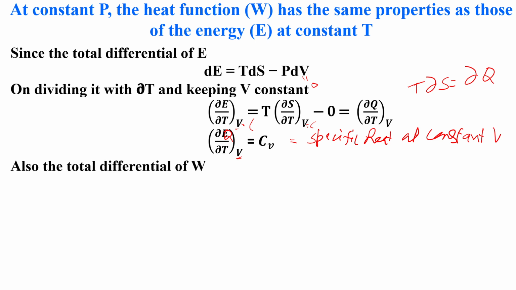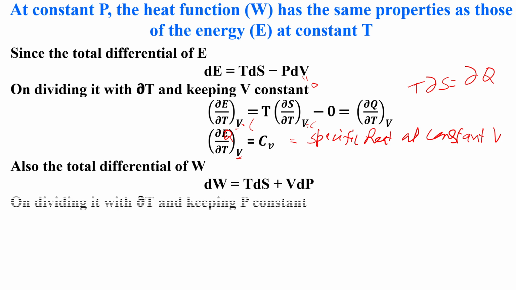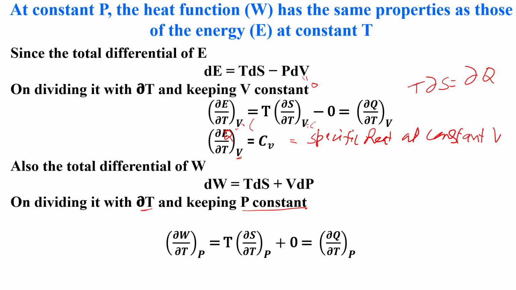Also, the total differential of W, we know that dW is equal to TdS plus VdP. Similarly, on dividing it with curly T and keeping pressure constant, curly W upon curly T when P is constant comes out to be T into curly S upon curly T at constant pressure.